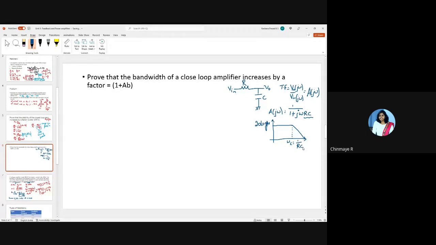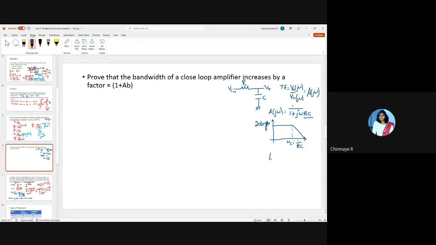So basically we see what is that value of omega for which the gain becomes equal to 1 by root 2. So this becomes equal to 1 by root 2 when omega is equal to 1 by RC. So that we call the cutoff frequency, right?